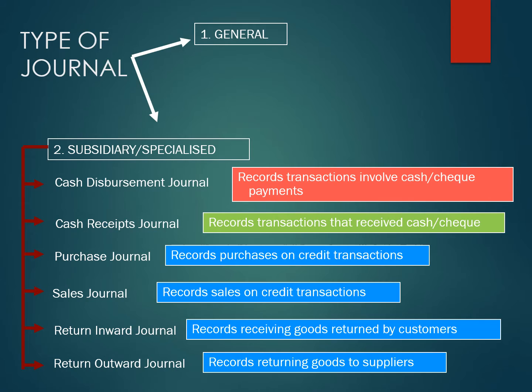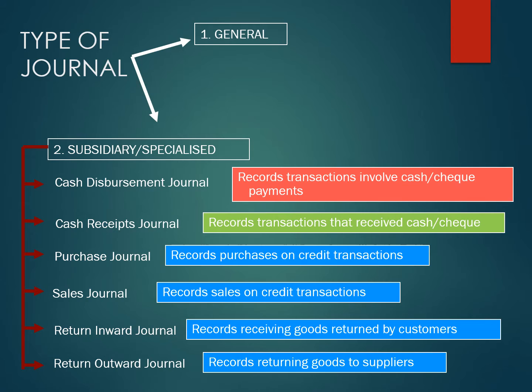Both returns inward and returns outward journals represent records when the sales or the purchases are not paid yet, meaning it's not a refund. If it is a refund, then you need to record it in the cash disbursement journal because there is an outflow of money from the business.